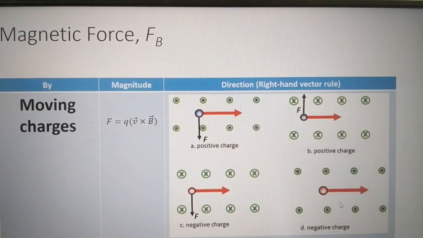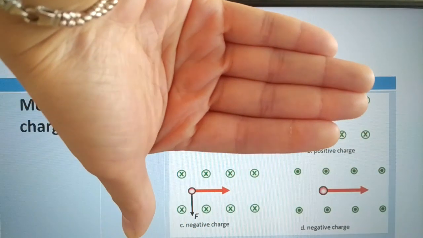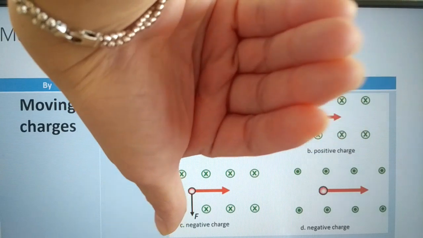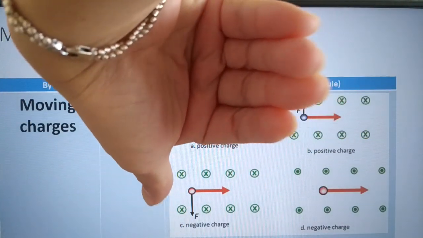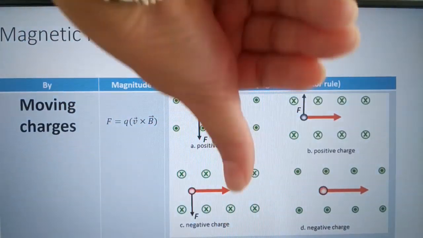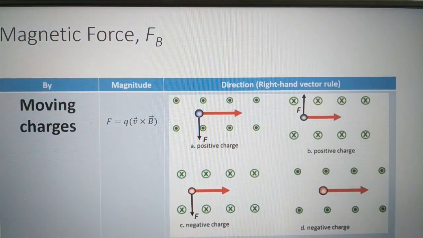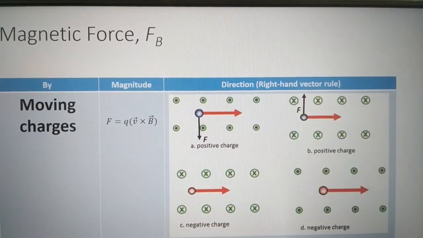My velocity there, but my magnetic field is out of the page. So velocity cross magnetic field out of the page, force is downward. But because it's a negative charge, I have to reverse it to upward.